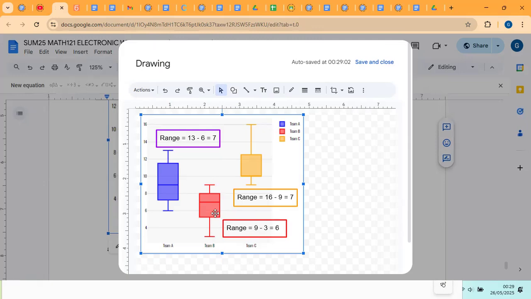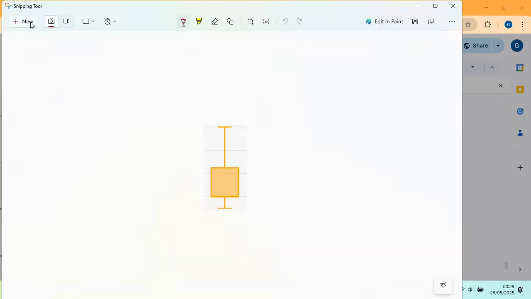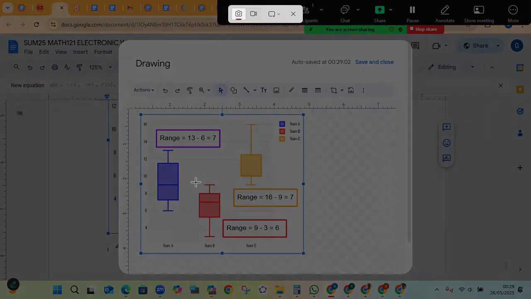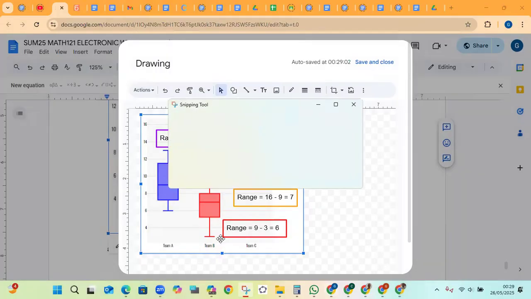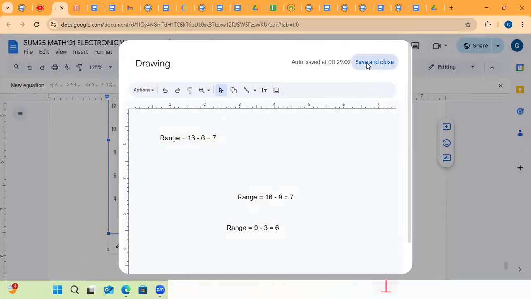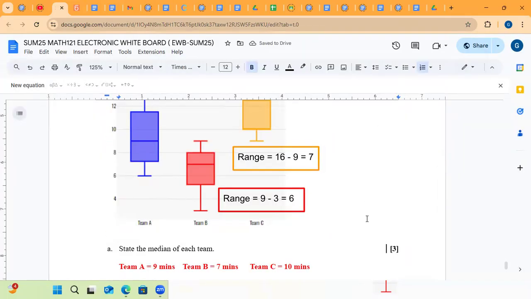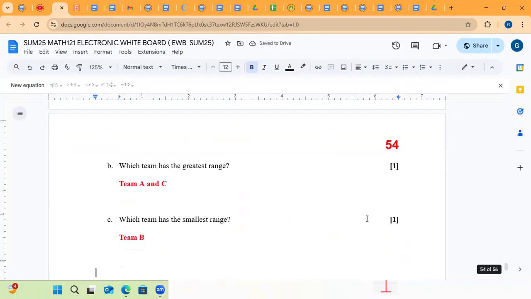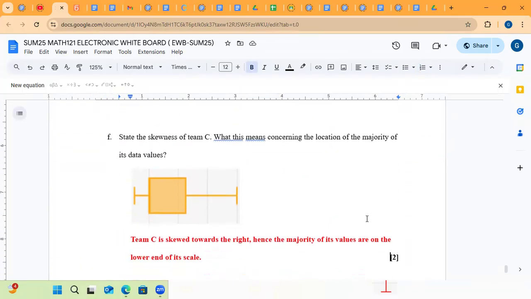That's 9 up there, and that is 3 down there. So team B is skewed towards the left. The longer whisker is on the lower end. It's on the end towards 3.